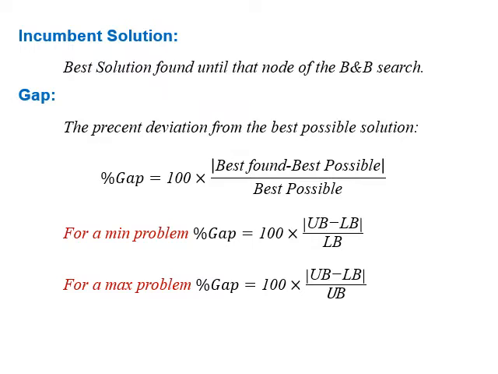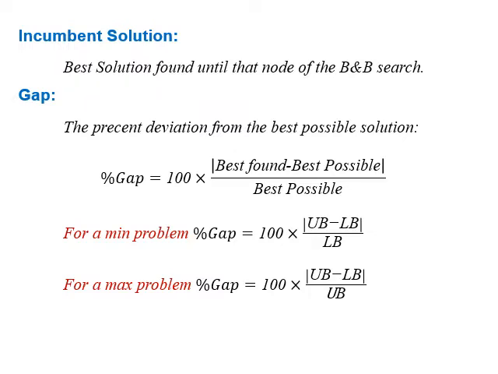We will make an example and I will show you how we identify these incumbents. But whenever you come up with an integer feasible solution, if it is better than the previous integer feasible solution that you identified, then it becomes your incumbent solution. And we always keep this incumbent solution in memory.